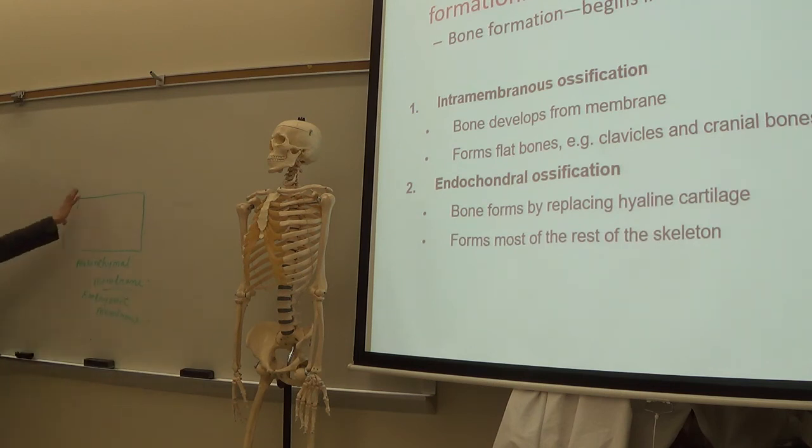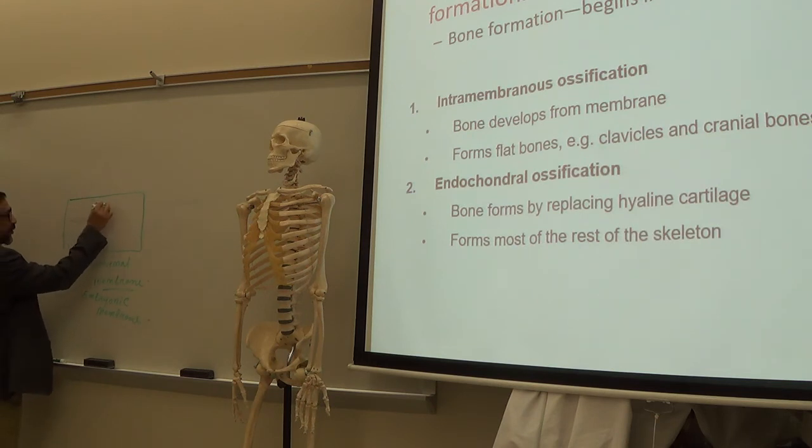So this is the mesenchymal membrane, and inside this membrane you have the cells, and these cells are called fibroblasts. I'm sure you have heard the name. These are fibroblasts.